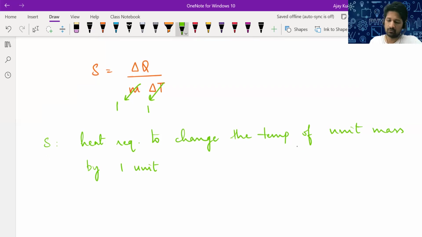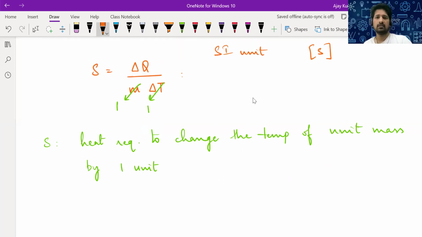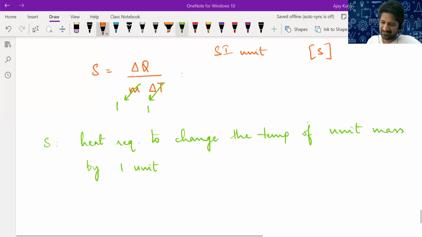Fine. So based on this formula, quickly derive the SI unit and dimensional formula of specific heat, all of you. We use the small s to represent specific heat. Give me the SI unit and dimensional formula. Fine. SI unit of heat is joule, mass is kilogram, temperature change, as I said, you can write per Kelvin.